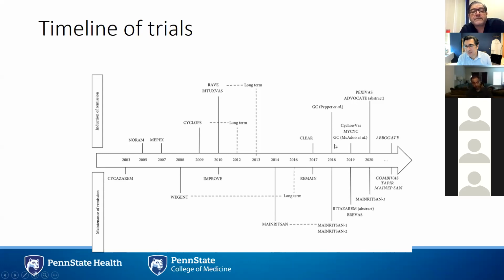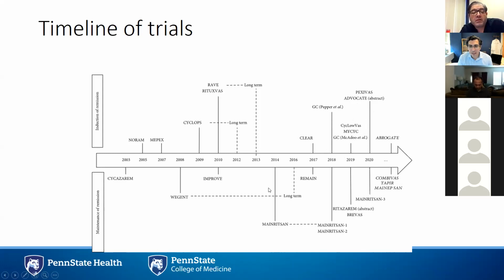And this was taken from a rheumatology journal. So maybe the other presenter did not have this as a part of their publication.